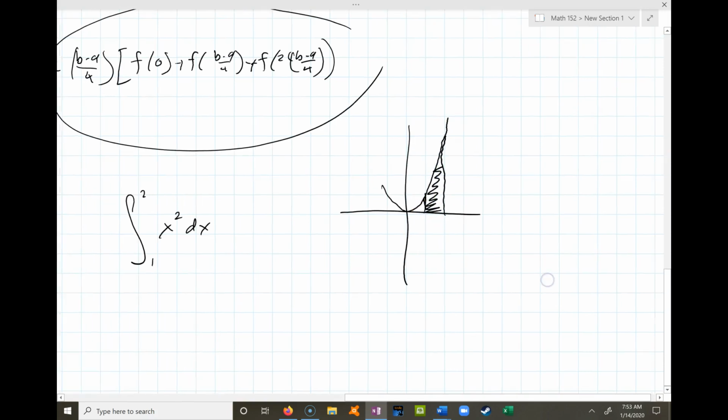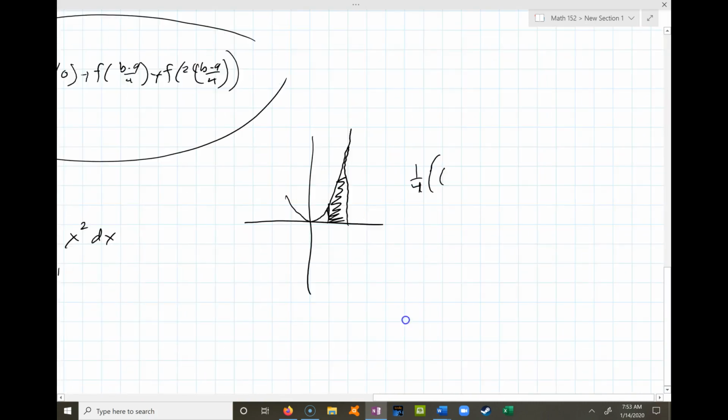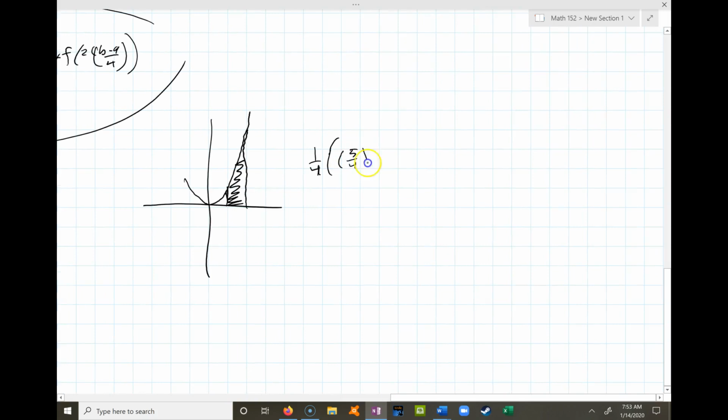Now we could break that up into a bunch of little rectangles, and we could say, let's break it into 4, for example. So that would be 1/4 times 5/4 squared plus 6/4 squared plus 7/4 squared plus 8/4, or 2 squared.